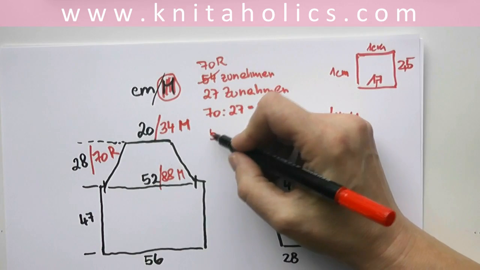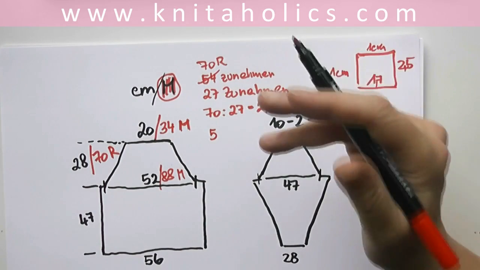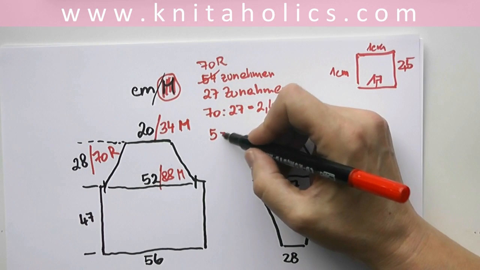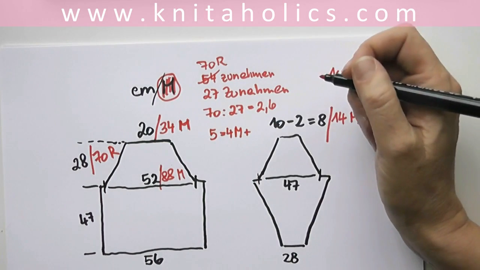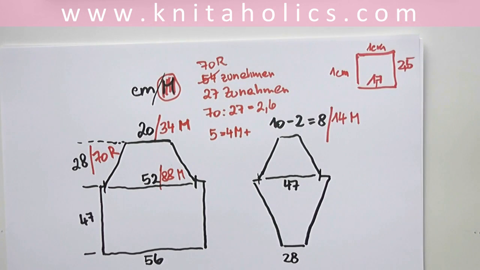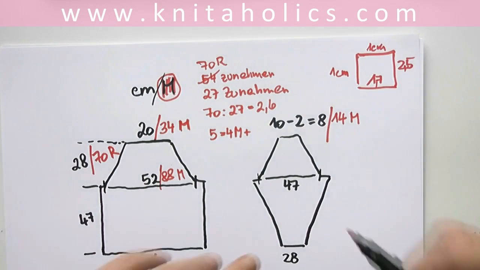Is this calculation correct? We make a control calculation, a rough one. If we increase every second and third round alternating, that means over 5 rounds we increase 4 stitches. How often is 5 in 70? It's 14 times. 5 times 14 is 70. And 14 times 4 stitches is 56.